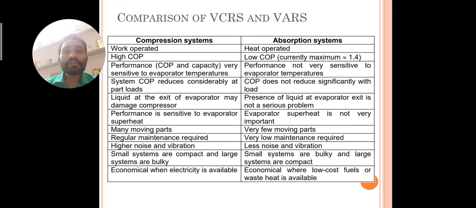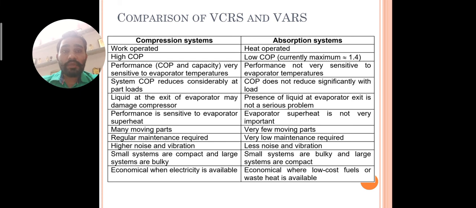Of course, if we are using a heavy compressor, then we will have higher noise and vibration, whereas the absorption system will have very low noise and vibration. Small systems are compact and large systems are bulky in compression systems, whereas in absorption systems small systems are bulky and large systems are compact.